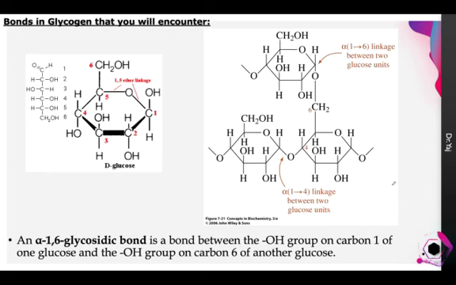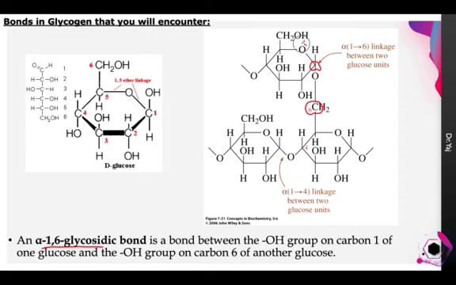Similarly, the second kind of bond that we encounter in the glycogen molecule is the alpha 1,6 glycosidic bond. Here we have the sixth carbon, and this is forming a glycosidic linkage with the carbon at position 1, that is the alpha anomeric carbon.